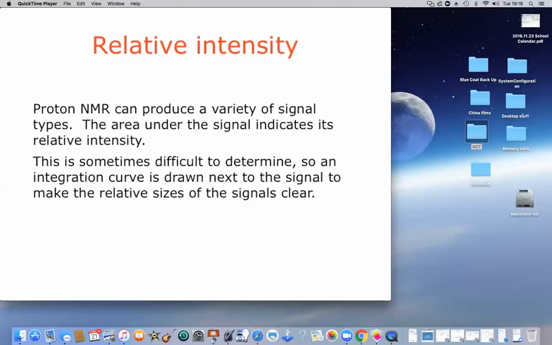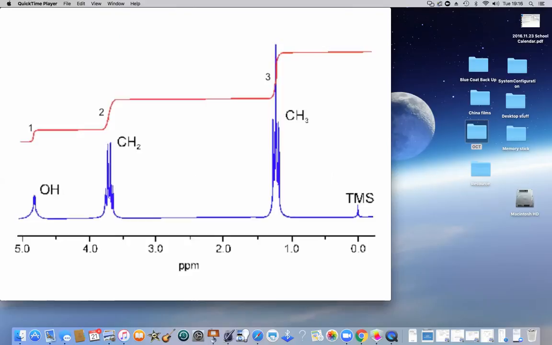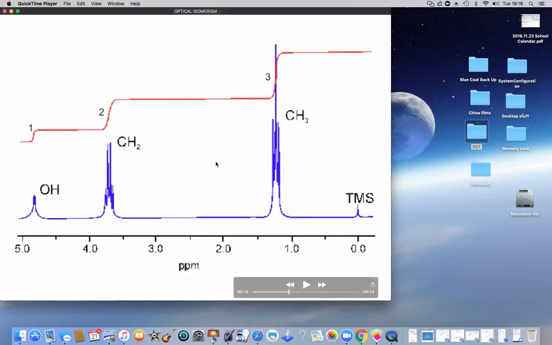What you will get is information in the exam. Information sometimes appears next to the signal in the form of an integration curve with a numerical value next to the integration curve, which indicates, relatively speaking, how many protons are in that environment compared to others. Or you might get the information in a separate table. So for example, here's an example of the NMR of ethanol.